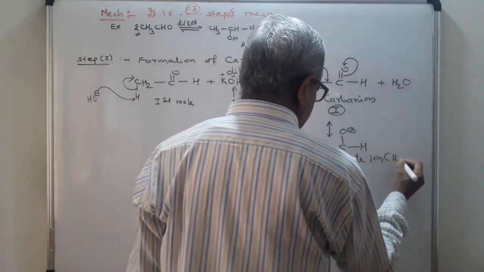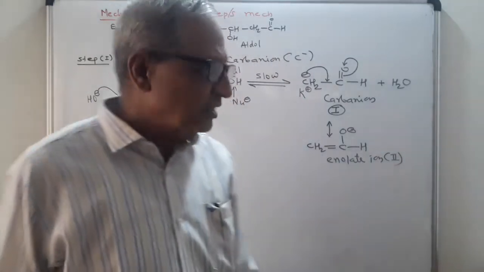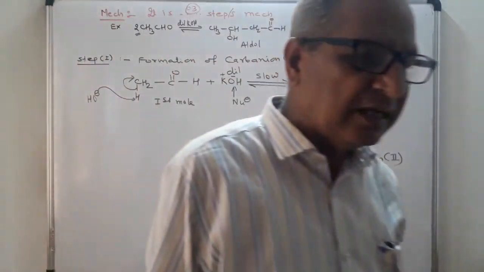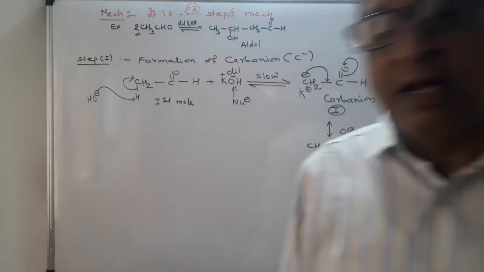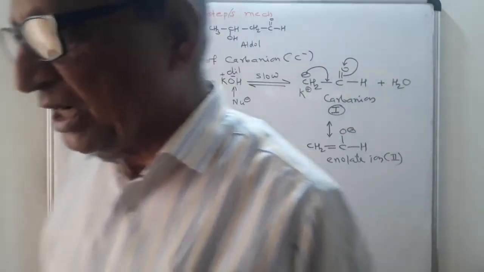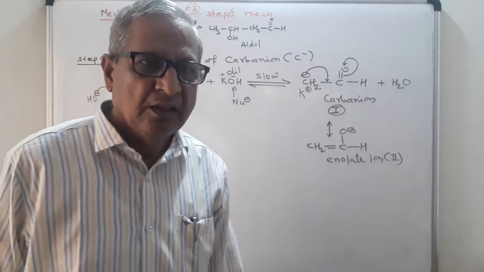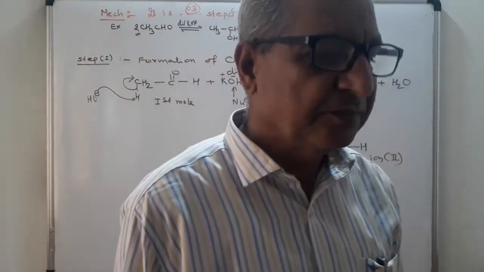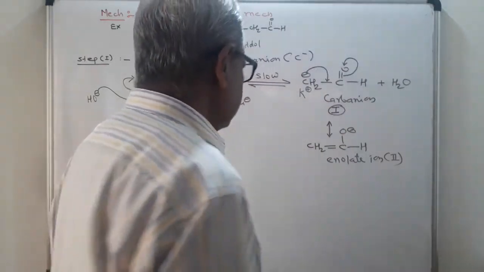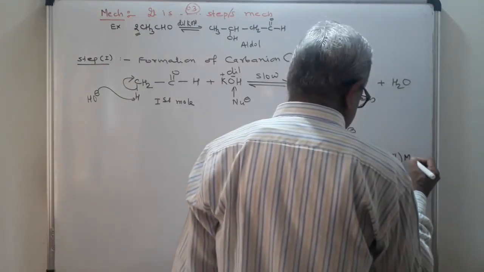This is the second one. Now I will set the question on structure number first and second. Select the more stable structure. Which structure is stable? Only first, only second, both first and second, none of these. So the correct answer: the second is more stable.